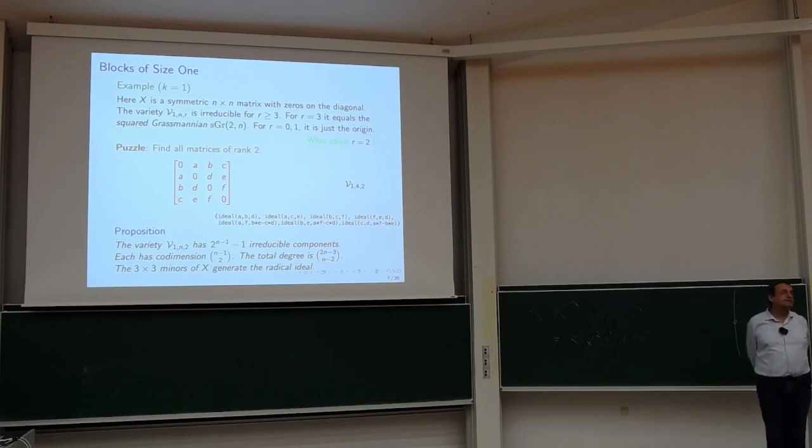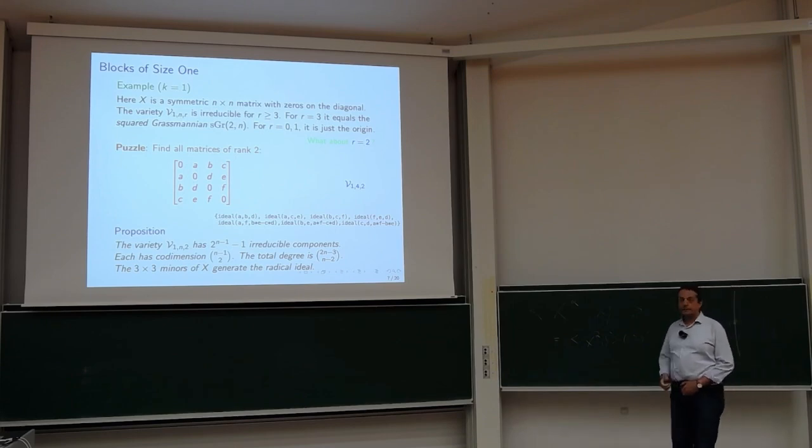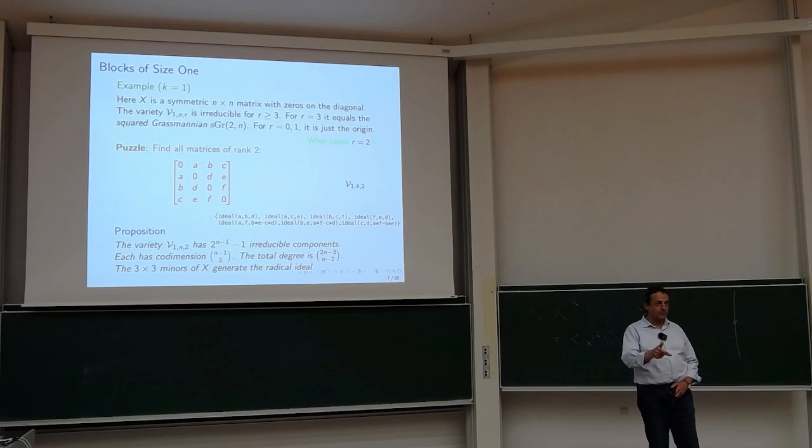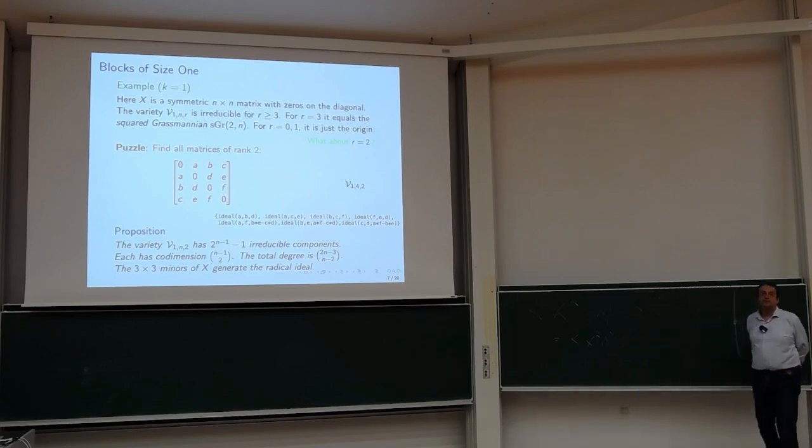And that's the number 10 in our example. So the linear pieces have degree 1, and the quadratic pieces have degree 2, and then 1 plus 1 plus 1 plus 1 plus 2 plus 2 plus 2 makes 10. This is a proposition that solves this puzzle for n by n matrices.